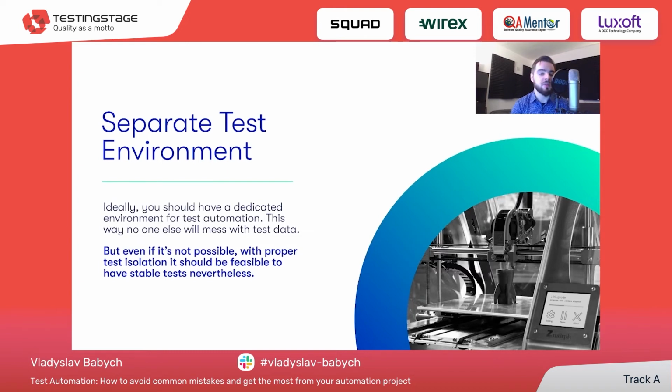So even if some manual testers go and change something in the same environment which you're using, if you inject everything from tests as we discussed before, none of these changes should really influence your tests.